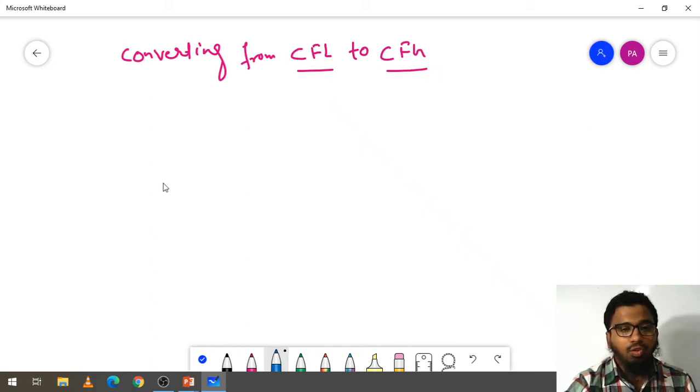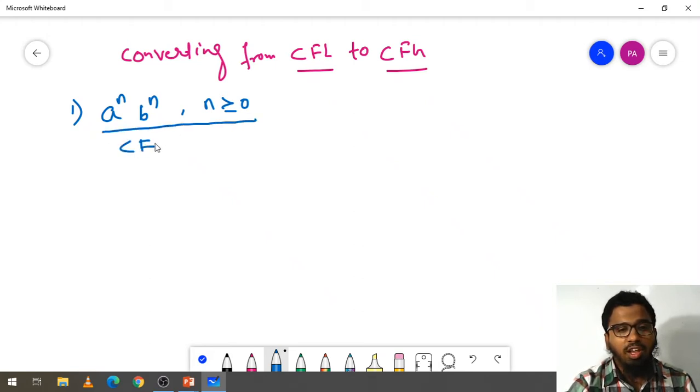First I will take one example: a power n, b power n, n greater than or equal to 0. This is called a language, this is called CFL.